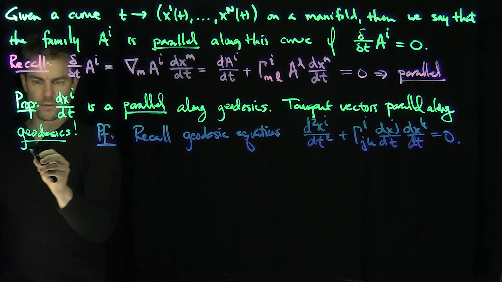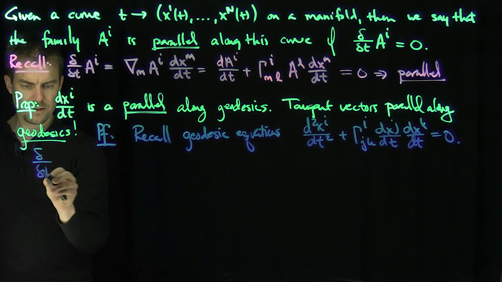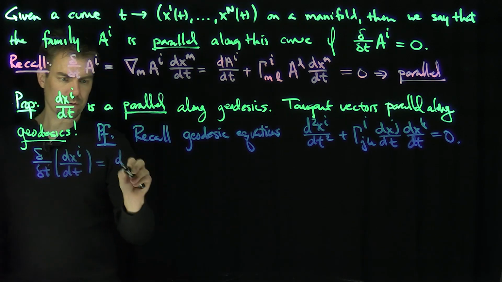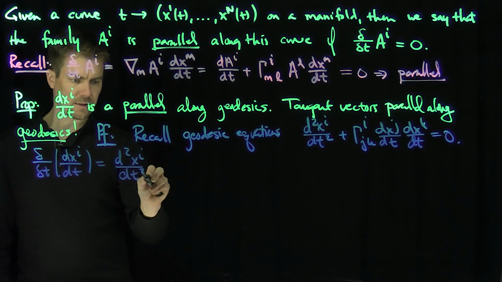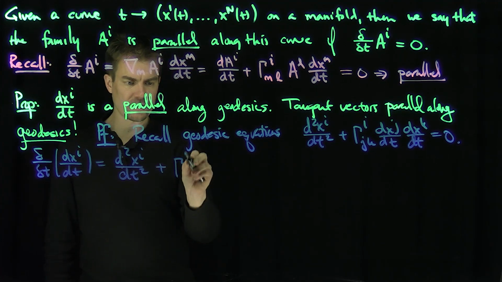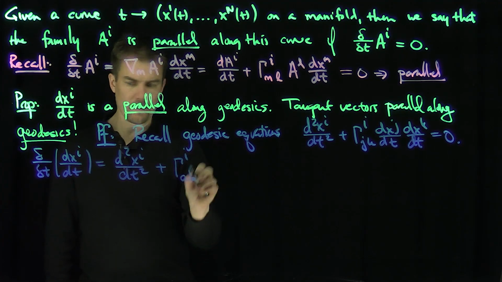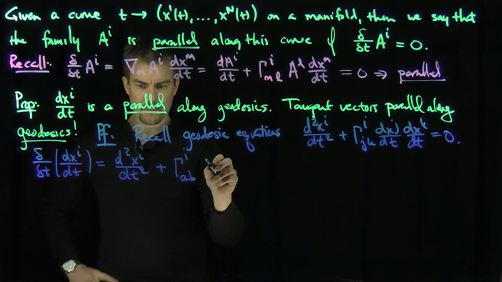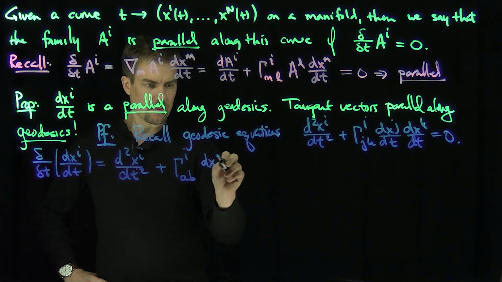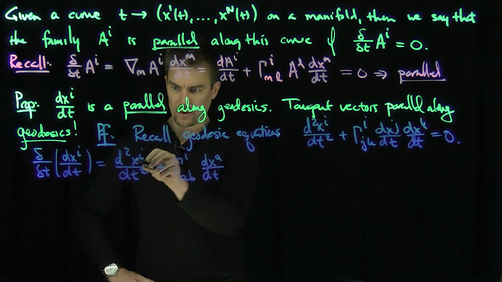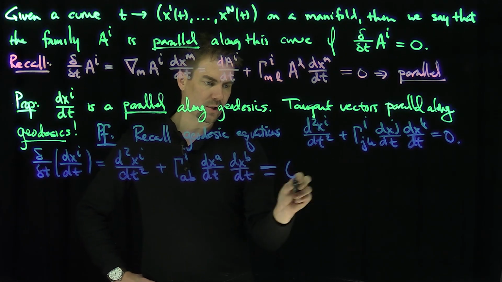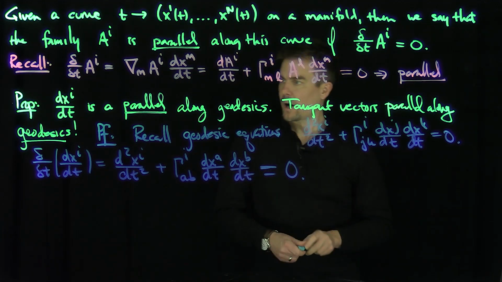Now let's compute the derivative of this vector dx^i/dt. It would be the second derivative d^2x^i/dt^2. It's contravariant, so the gamma goes upstairs, and I need two parameters, a and b: gamma^i_{ab} dx^a/dt dx^b/dt. But those are exactly the geodesic equations, so this expression is equal to 0. Great, that's the first example.